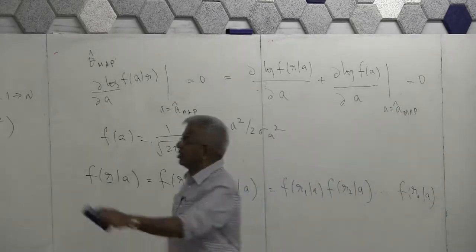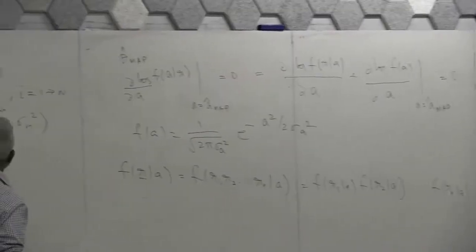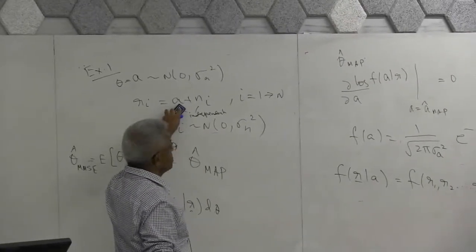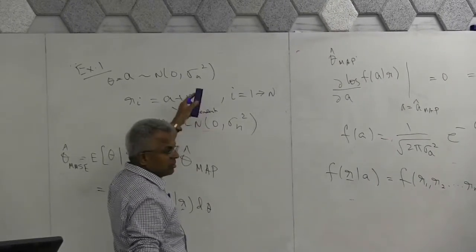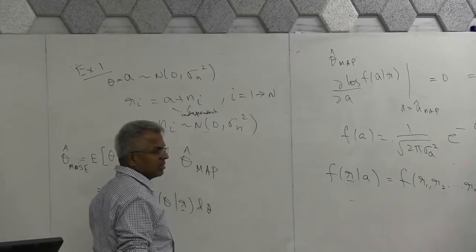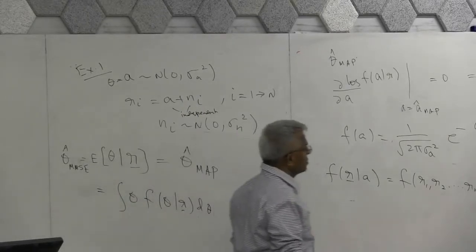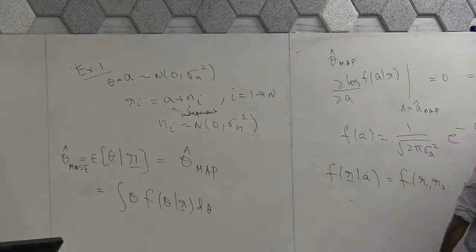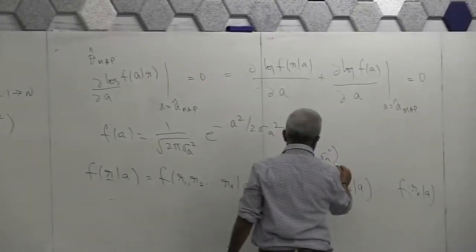Again, look at the argument. If A is given, R1 has mean A and variance the same as the noise, sigma n squared. So each of them has this form: normal with mean A and variance sigma n squared.